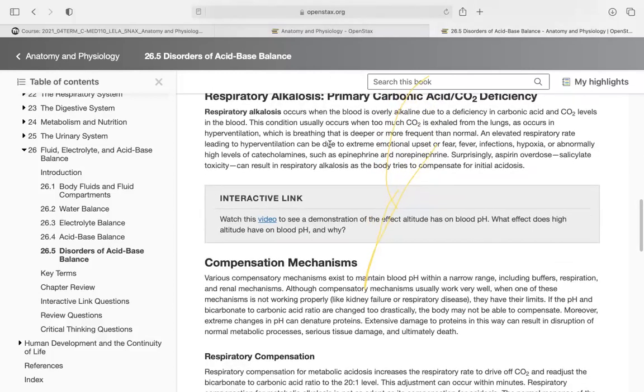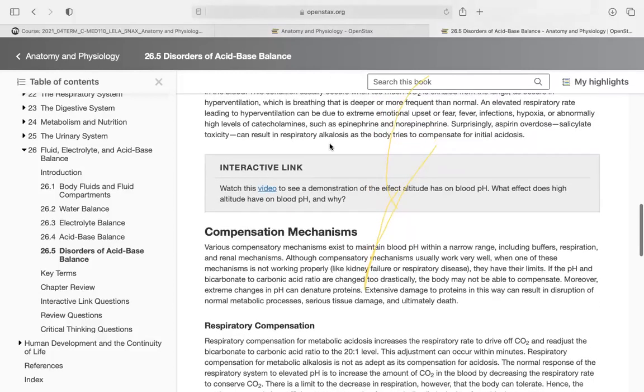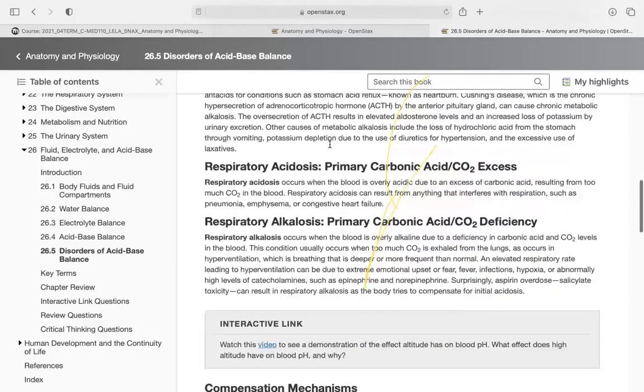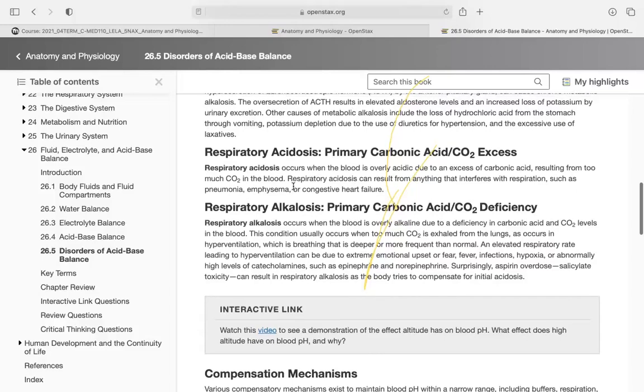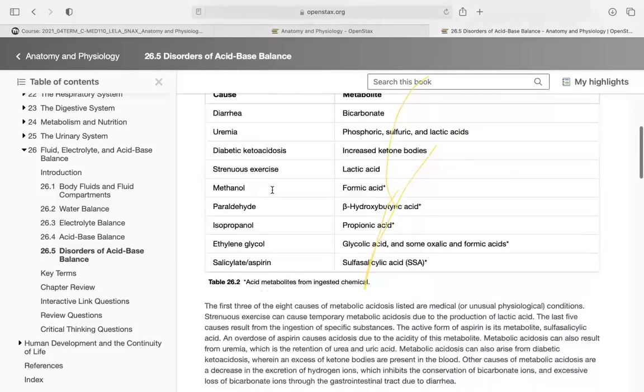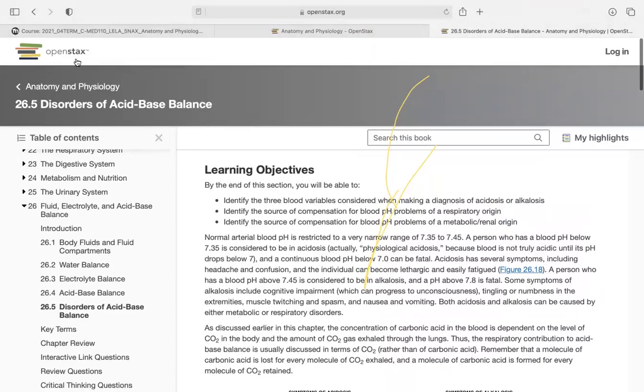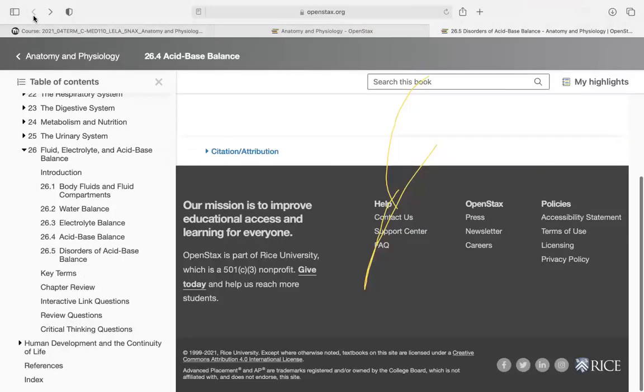Because there's only two ways to go, left and right. But you guys know on an exam, it's so easy to mess with people. All you have to do is ask: my patient is acidic, basic, both, or neither. And those are compensatory mechanisms, right? That if they break down, you get these problems. So let's go back to our chart, because that's the easiest way to look at it.